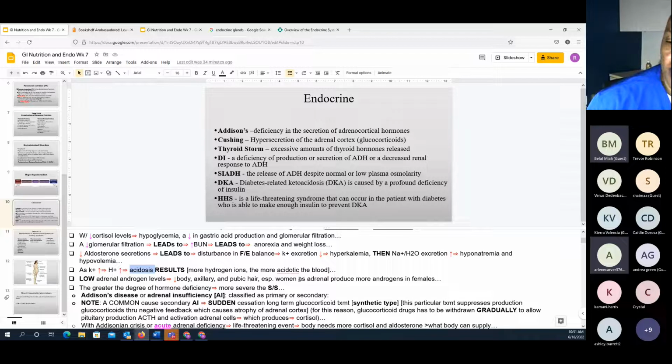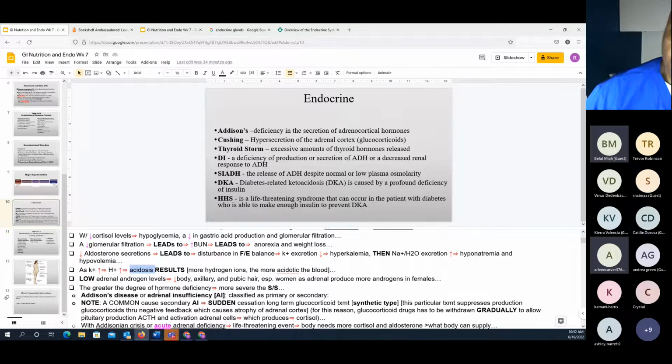Especially in women, as the adrenal produces more androgens in females. So you'll see these male-female sex characteristics, in this case, very little. So their body may more or less appear underage because they don't have axillary hair and what have you. All right.